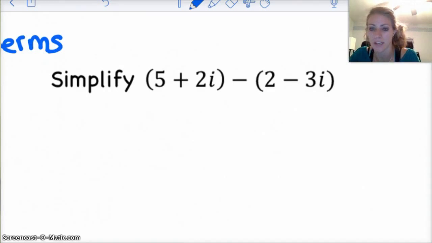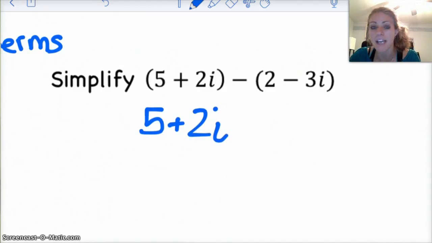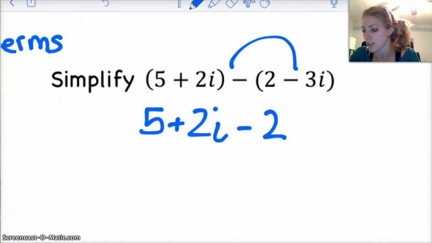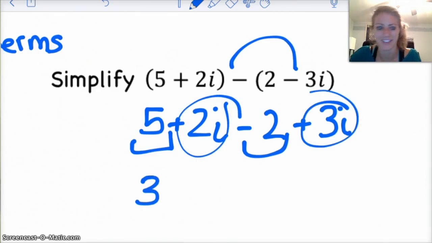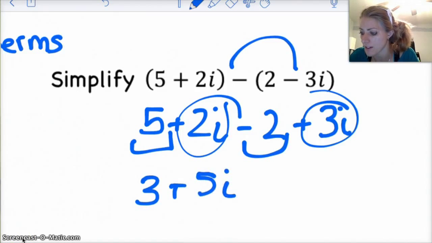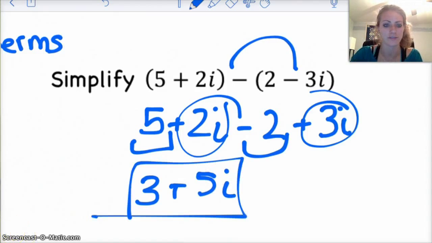So I've got 5 plus 2i minus 2 minus 3i, so that 5 plus 2i is here, and then you're subtracting that whole number, so that's minus 2, and you're also subtracting negative 3i, so that's minus a minus, which is plus 3i, and I can combine like terms. 5 minus 2 is 3, and then I've got that 2i plus 3i, which is plus 5i, okay? And so that is your final answer.